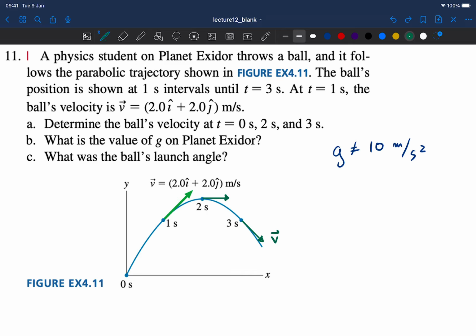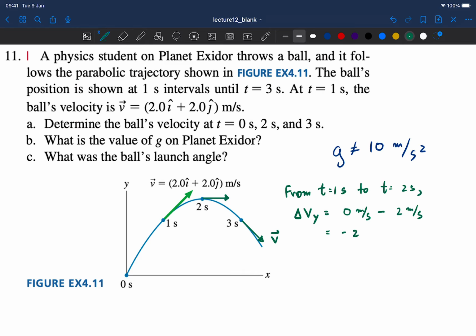So you can calculate the change in the velocity from 1 to 2 seconds. From t equal to 1 second to t equal to 2 seconds, delta v in the y component, which is the vertical component, is 0 meters per second at t equal to 2, minus the velocity in the y direction at t equal to 1, which is 2 meters per second.